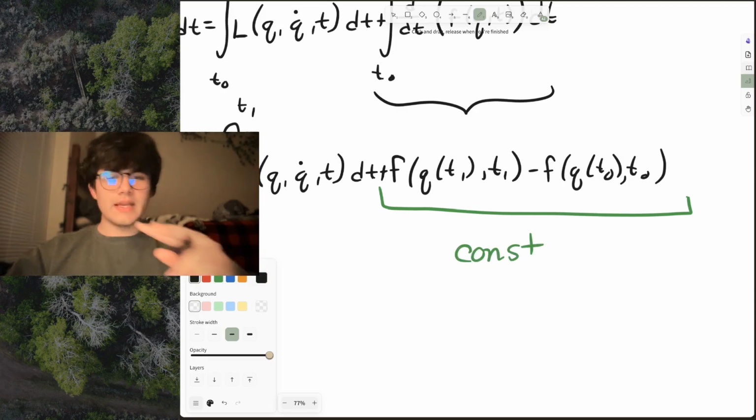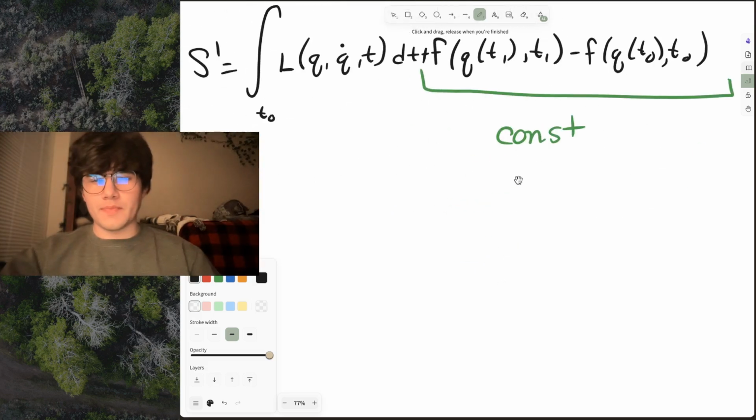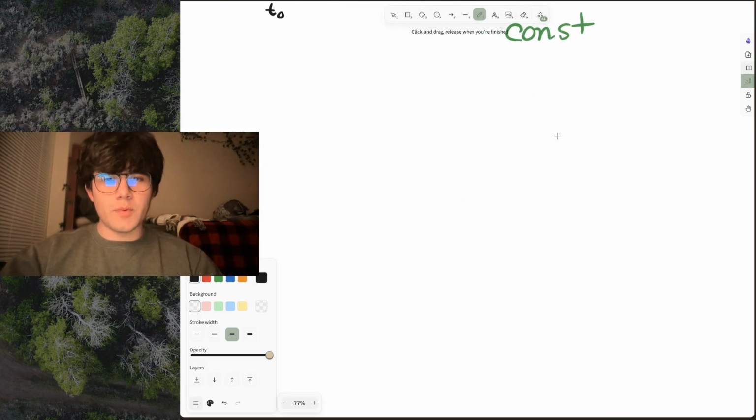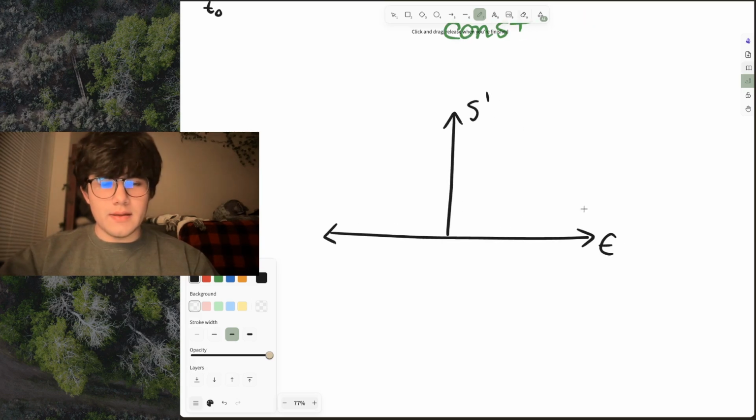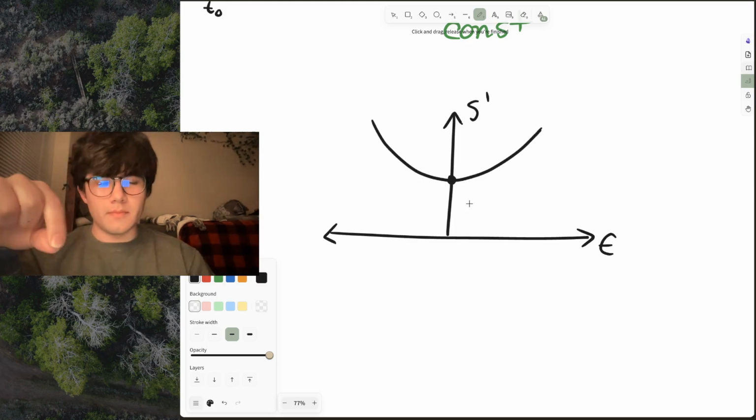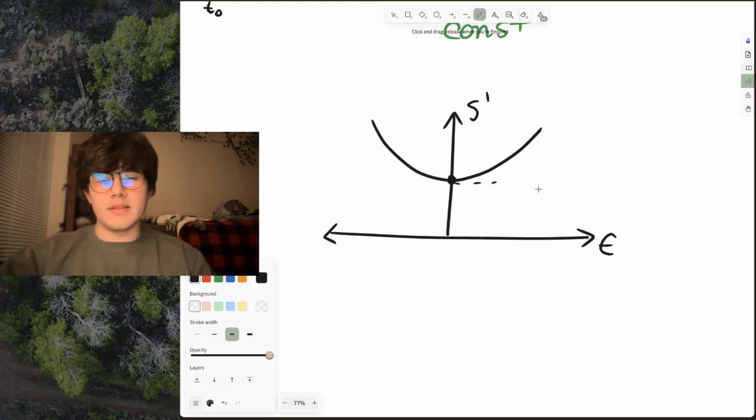Now, if you watch the first video, we talked about how if you were to plot the action, S prime, against epsilon, and epsilon comes from when we start doing variational calculus, and again, watch the first video if you're not familiar with that, we get something kind of like this, where we have a minimum right here where epsilon equals 0.